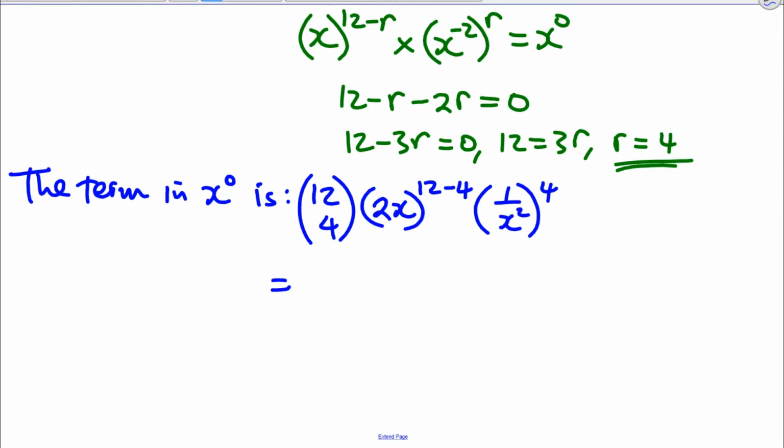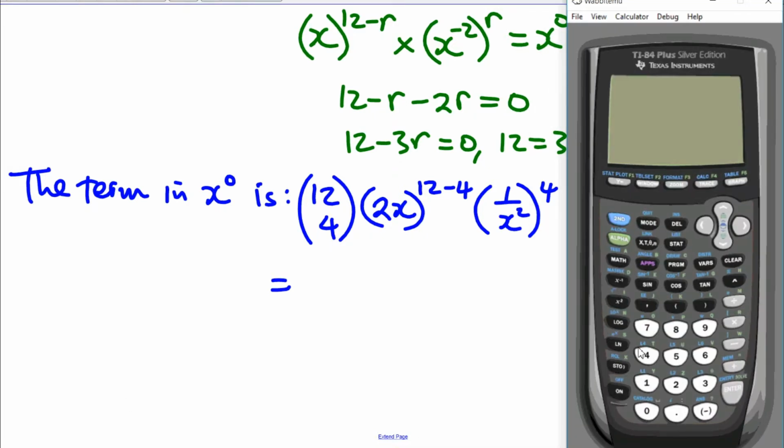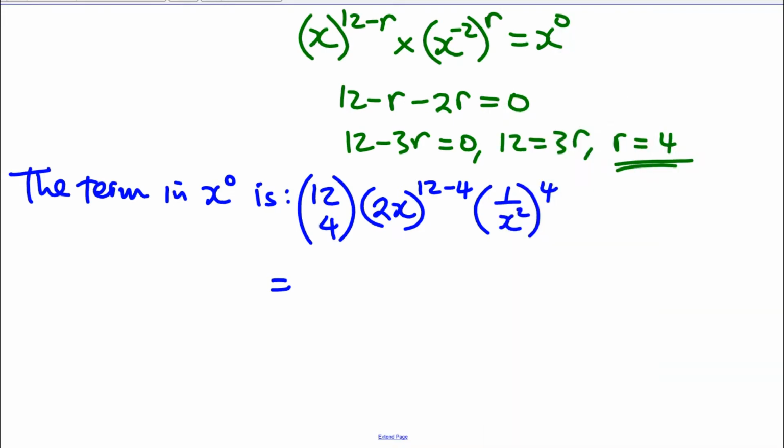And 12 choose 4 can be found from our calculators. So 12 choose 4 will be 495. So we have 495 multiplied by 2 to the power 8, which is 256, x to the power 8, multiplied by 1 over x to the power 8.